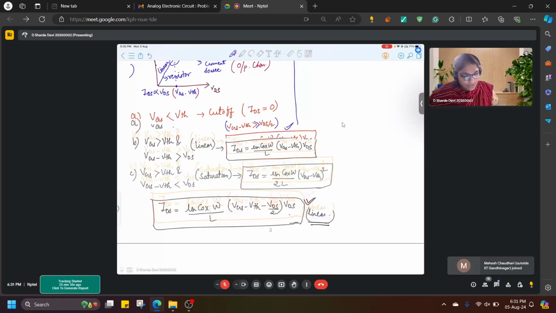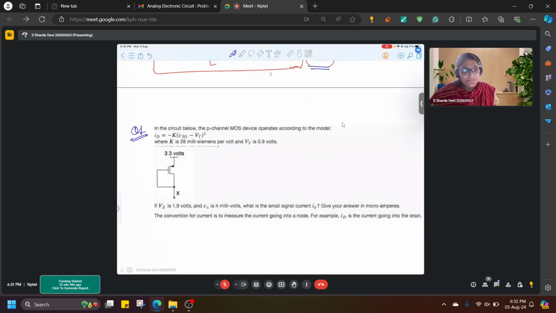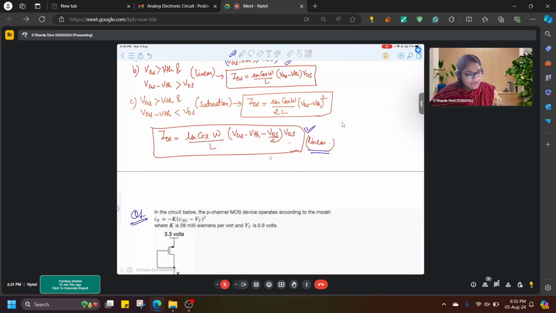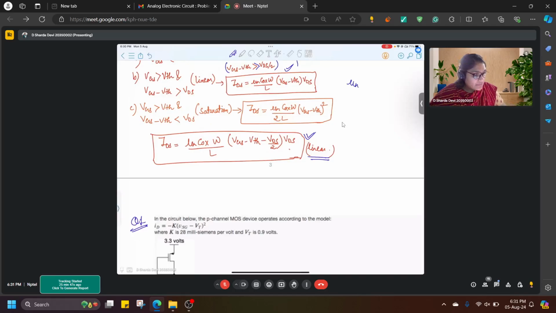Now let's move on to our first problem for today. So the first problem is, yeah, this particular thing I have written, right? Mu P Cox W by L, this can be denoted by K. Sometimes mu P Cox W by 2L is denoted by K. Okay, so please pay attention, but K is basically constant since all of these are constant once the device is fabricated.